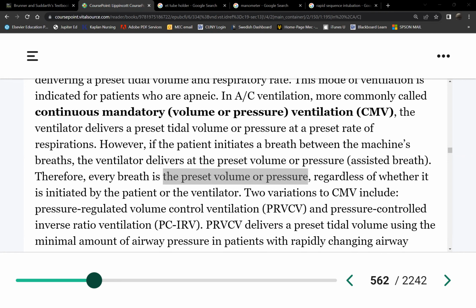Will it increase? No, it'll decrease. What am I doing? Am I hypoventilating or hyperventilating? I'm hyperventilating. So what will happen to my ABG? Respiratory what? Alkalosis.